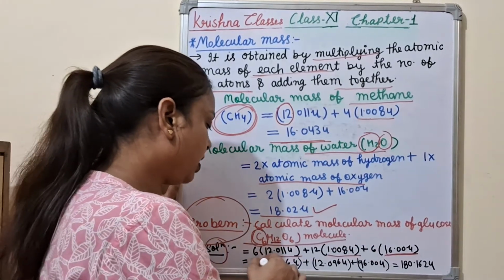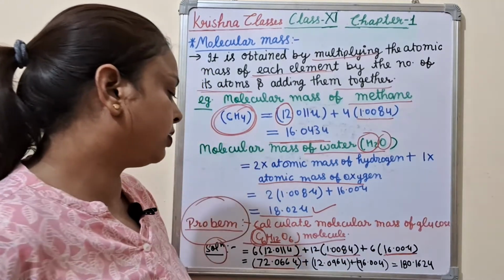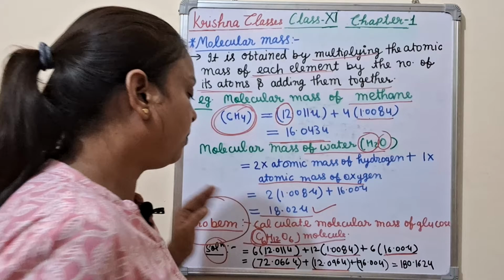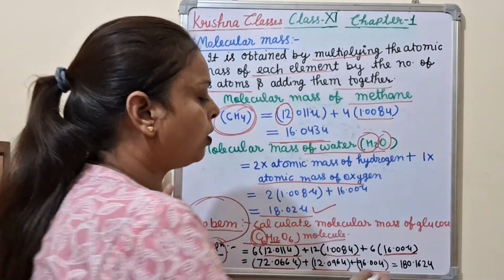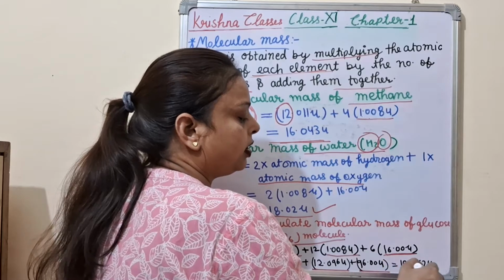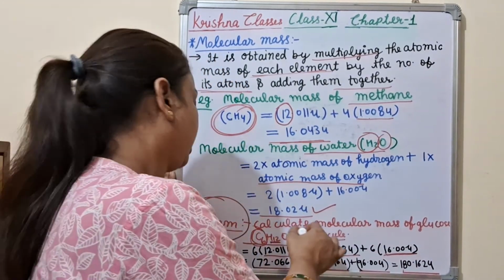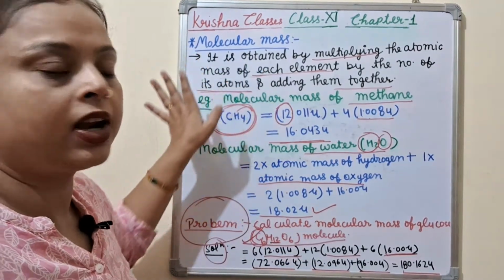Then C6 is 72.066, plus H12 is 12.096, plus O6 is 96.00, and the total is 180.162. This is the molecular mass of glucose.